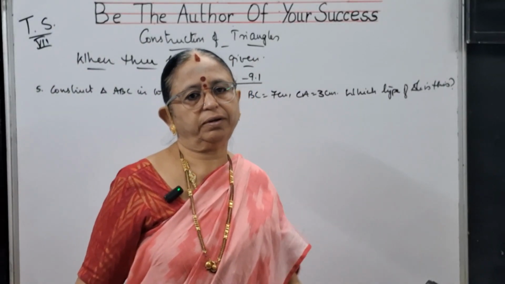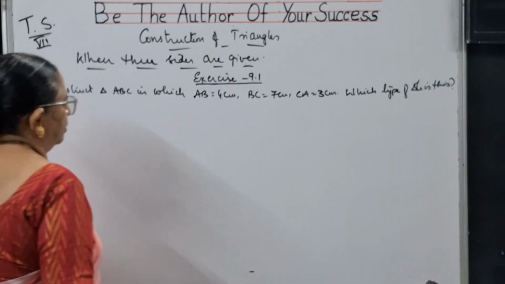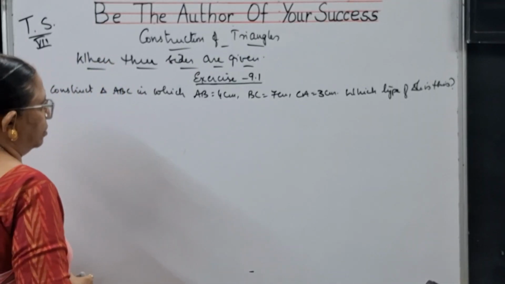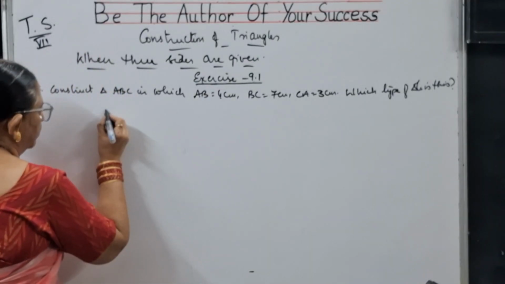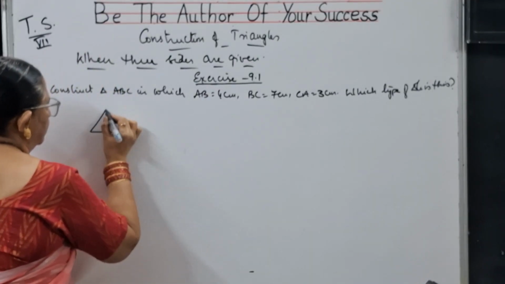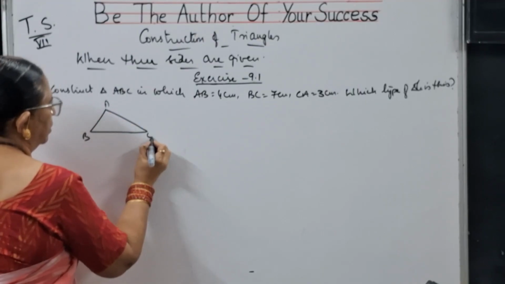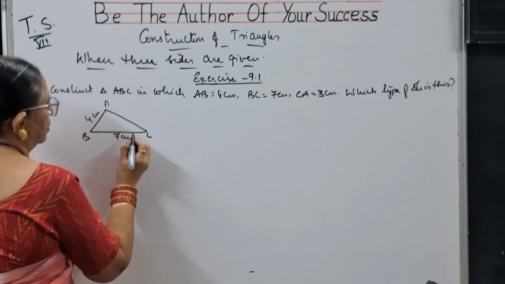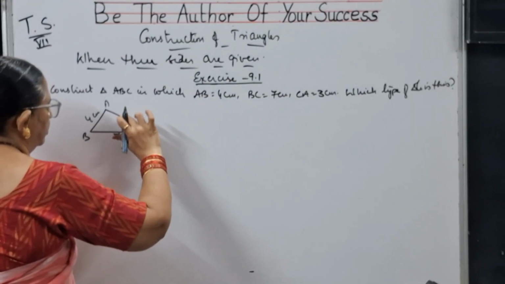Fifth sum, children. Now, fifth sum, it is: construct a triangle ABC in which AB is 4 centimeters, BC is 7 centimeters, and CA is 3 centimeters. So, let me draw first a triangle ABC in which AB is 4 centimeters, BC is 7 centimeters, CA is 3 centimeters.